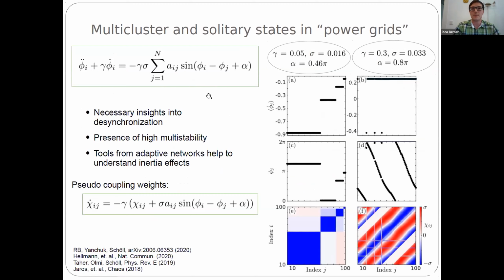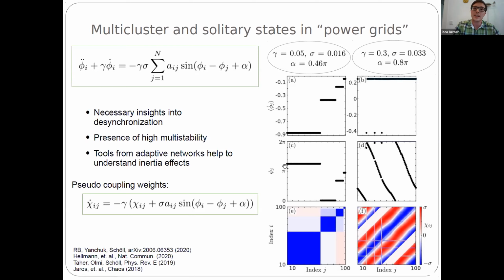All right, so regarding multicluster states, because time is running, I would like to show you two examples. This is the equation we are looking at now. This is a phase oscillator model with inertia. And here we see two different kinds of multicluster states. In multicluster states, if we look at the average of the angular velocity, you see the grouping into groups of the same frequency, so they have the same collective frequency.